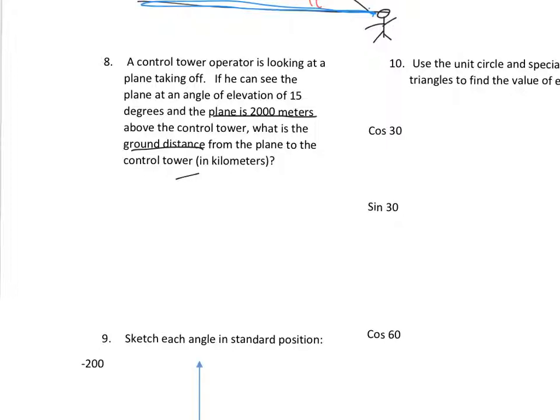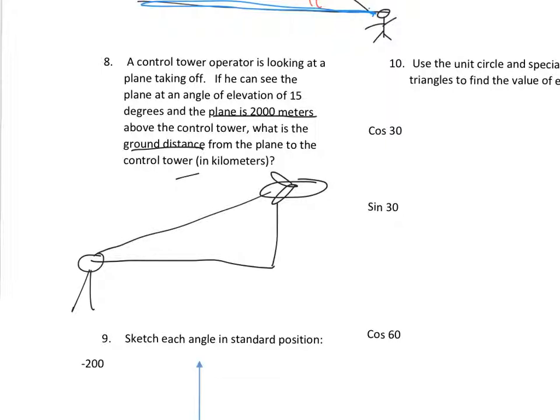So you have this control tower, and then we have this plane. The plane is 2,000 meters above the control tower. So here's the plane. Not the best plane, but okay. Always draw your right triangle in.